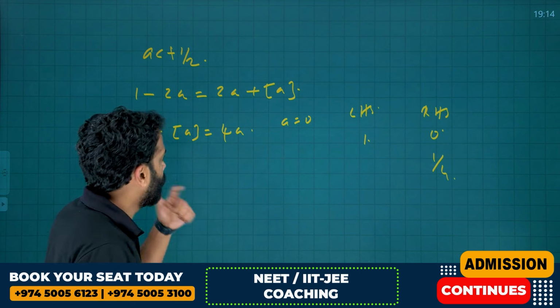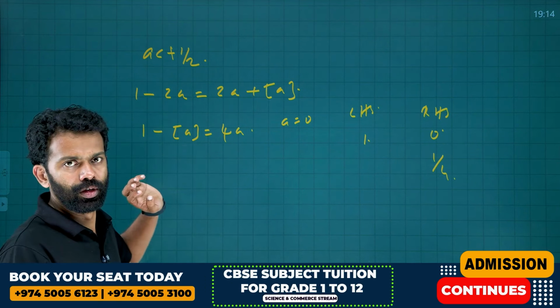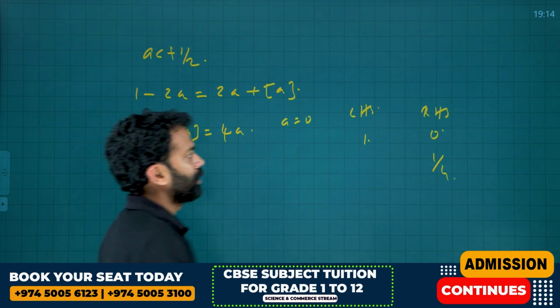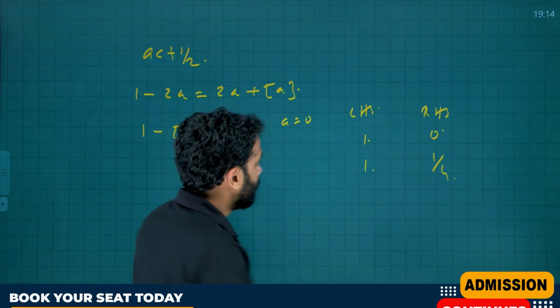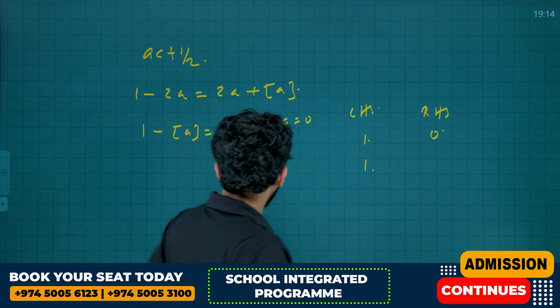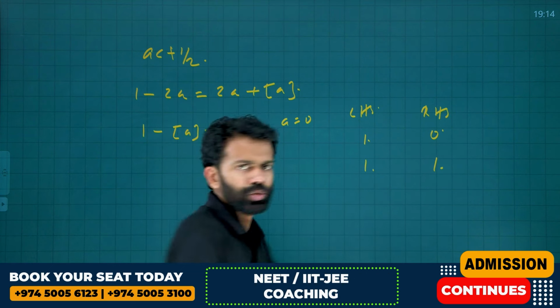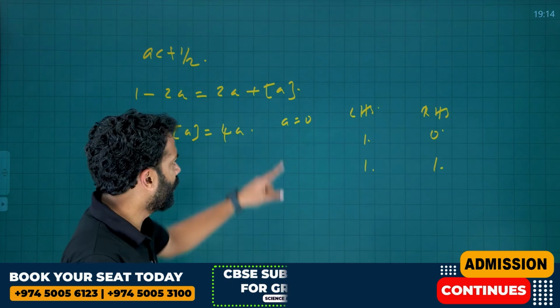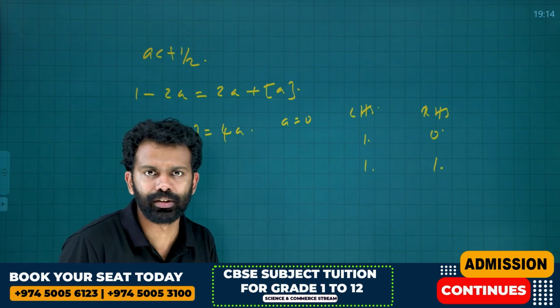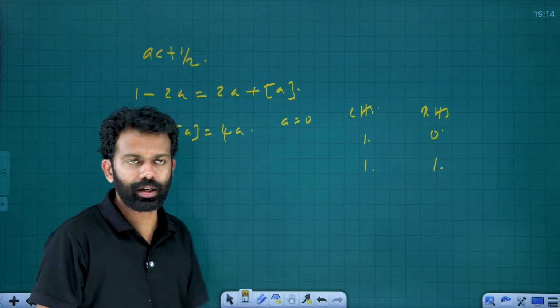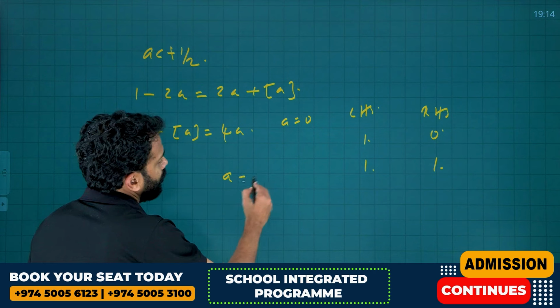And if a is equal to 1 by 4, what is box 1 by 4? Box 1 by 4 is 0. What is 1 minus 0? 1. So it's matching, right? A is equal to 1 by 4 here and here is matching. Therefore, 1 by 4 is the correct answer.